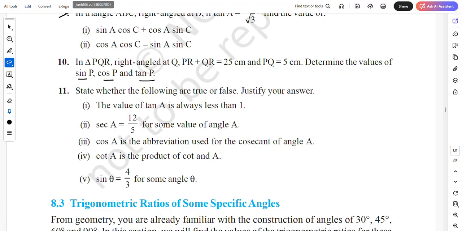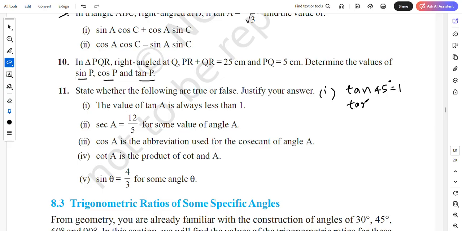In problem number 11, this is true and false. State whether the following are true or false. Justify your answer. First, the value of tan A is always less than 1. Is it true? Tan 45 is 1.